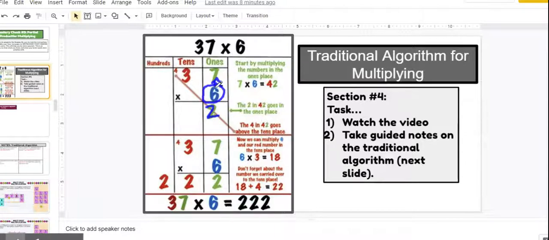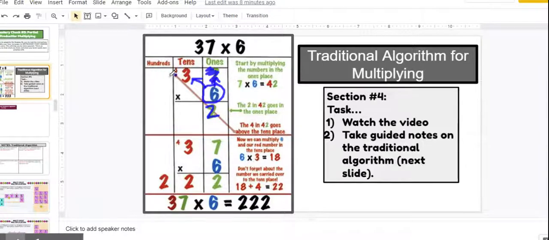After we've done that, I've multiplied the six by the seven. Now I'm going to multiply it by the part I haven't multiplied it by yet, the 30. You'll notice it's a three in the tens spot, and in the traditional algorithm you don't necessarily have to think of it like a 10. You can just multiply the basic fact of 6 times 3, which is 18.